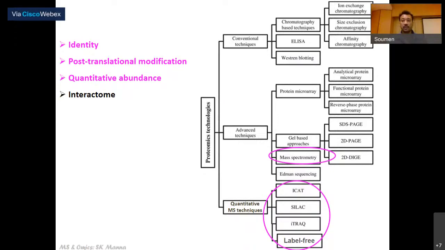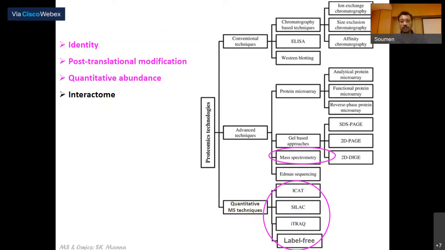We also have good antibodies for only a handful of proteins, and they're expensive. So there has to be some method which can be applied even if I come up with a new protein today, so that I can identify it, identify what kind of post-translational modification is there, and also how much of that protein or proteoform is there.